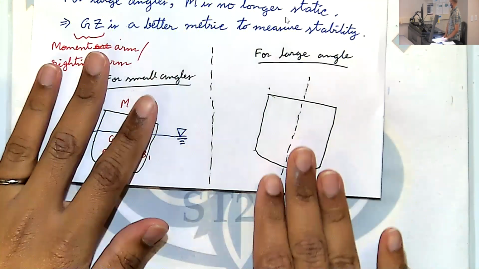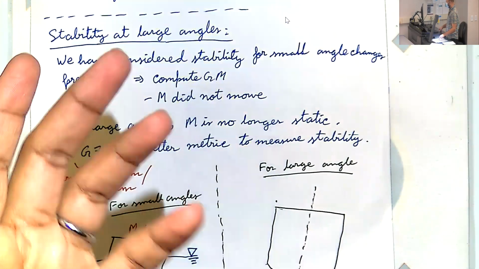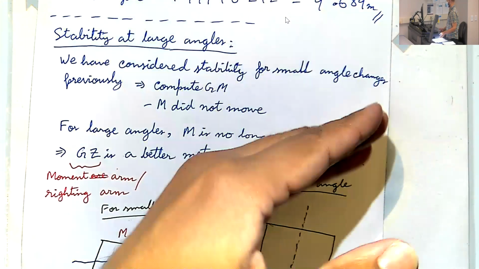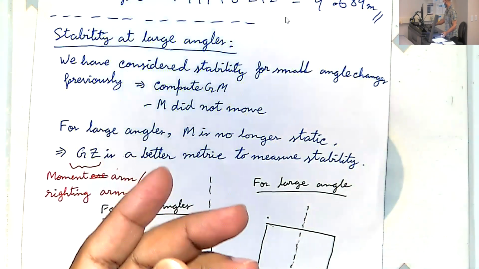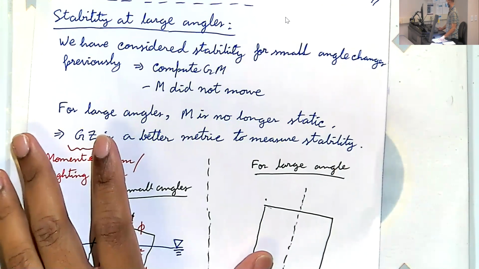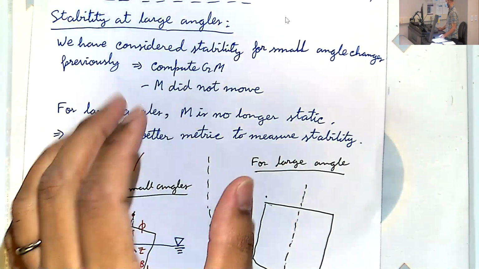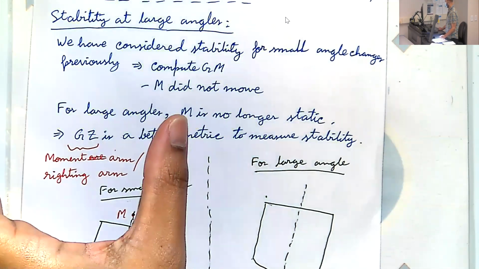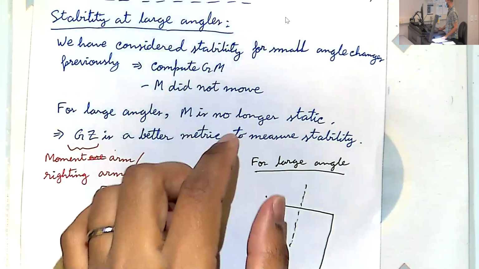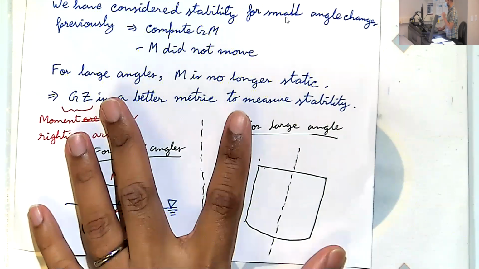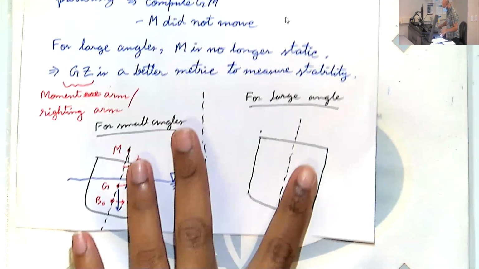Okay, so we started talking about large angles, right? Everything we've done before this is small angles, 10 degrees or less. And we'll see how things change when our hull heels at very large angles. What happens to stability?